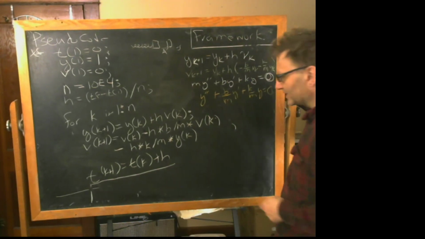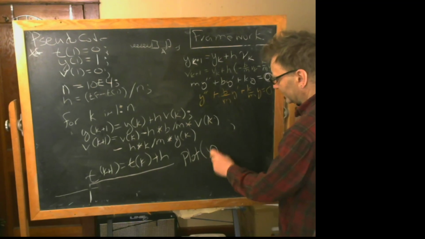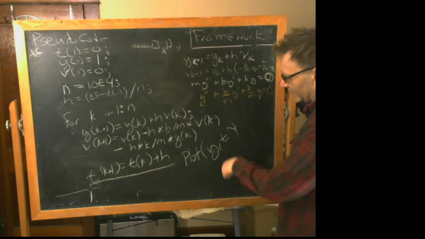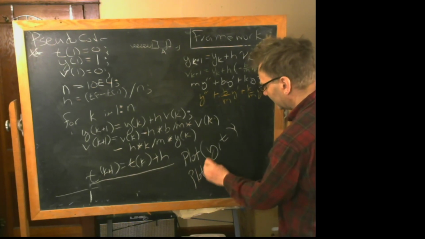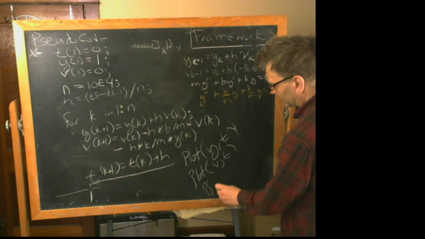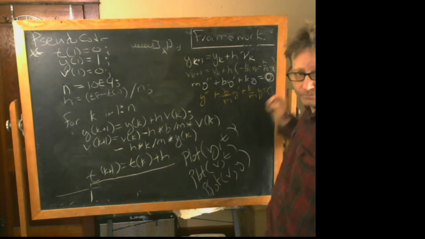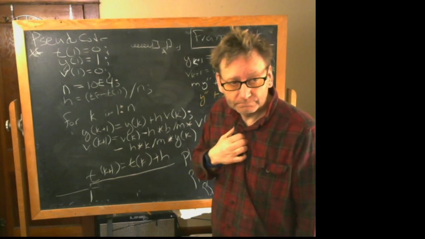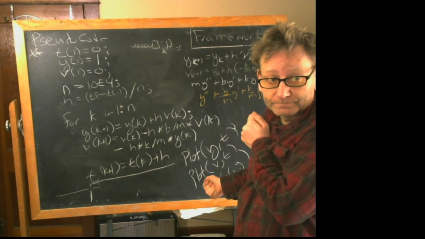To do our plots. And now I can plot position versus time. I'll get my sinusoidal pattern. I can plot my velocity versus time. I can even plot my velocity versus position. And that's our method. Now we just gotta try it.